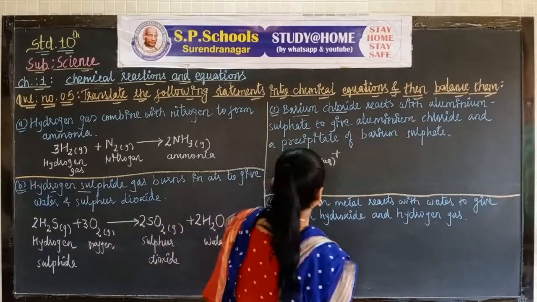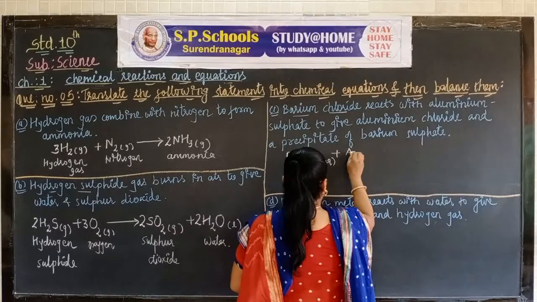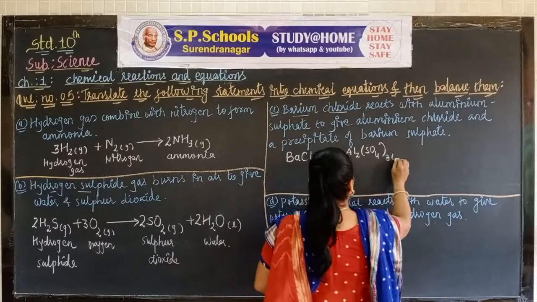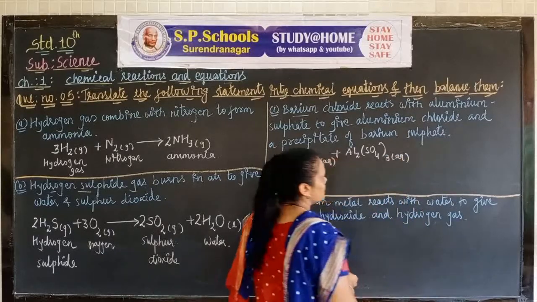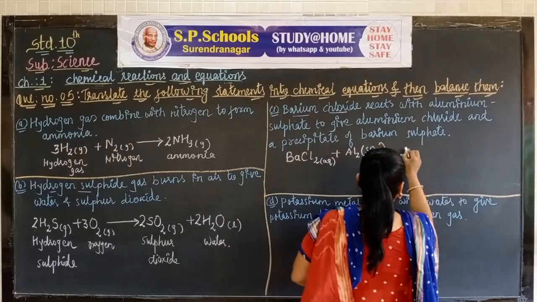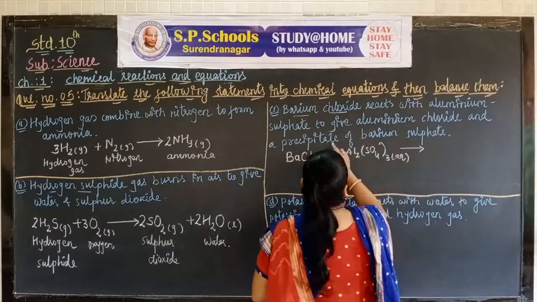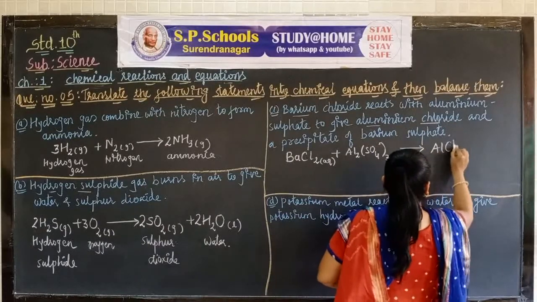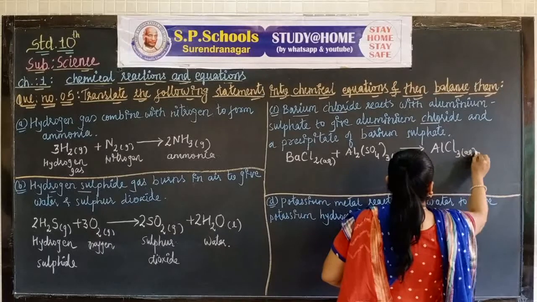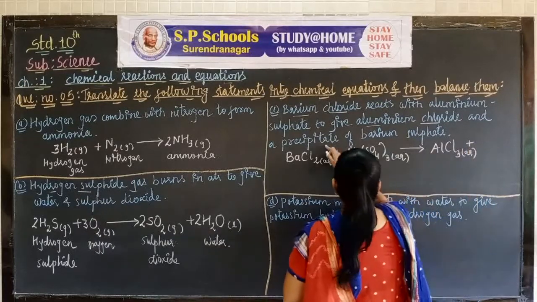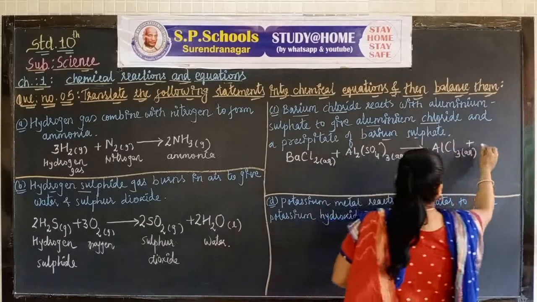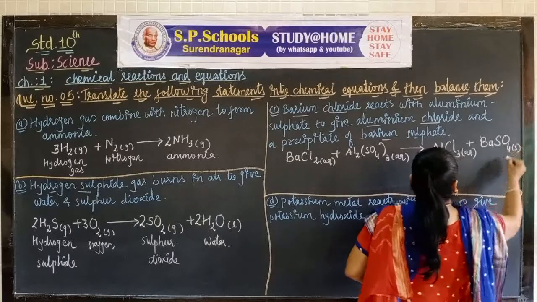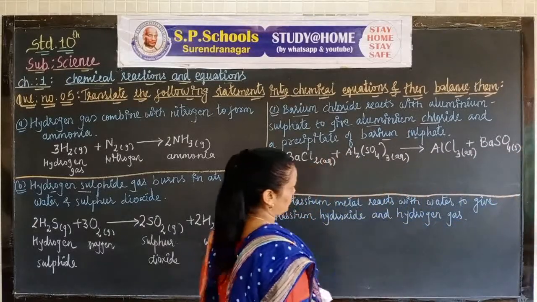Write the formula of aluminium sulfate, Al2(SO4)3. Aluminium sulfate gives us aluminium chloride, AlCl3. It is also aqueous, and precipitate of barium sulfate, BaSO4. Precipitates are always in solid form.